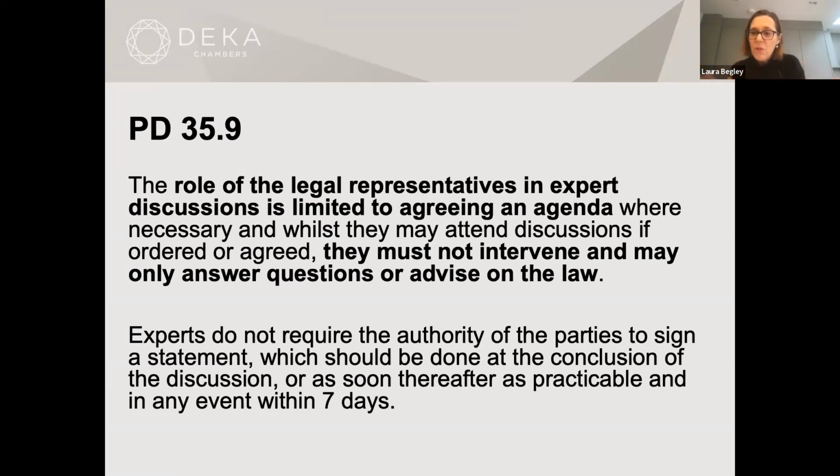They should know what their duties and their roles are. And if they do send you a draft, then you can only intervene on questions of law, or if there's some huge factual error that they've both been labouring under. I think you're probably also all aware that experts don't require the authorities of parties to sign the statement of truth at the end of a joint report.